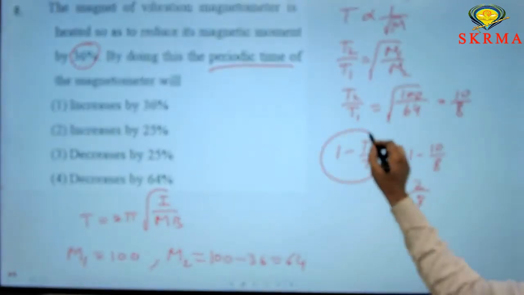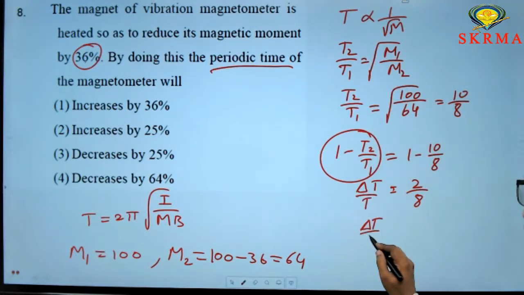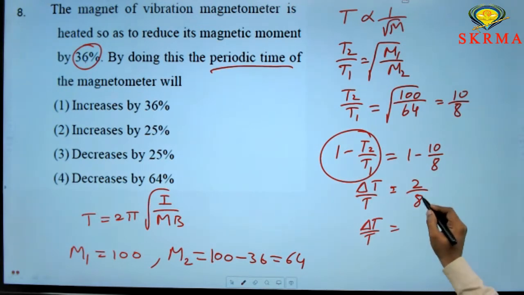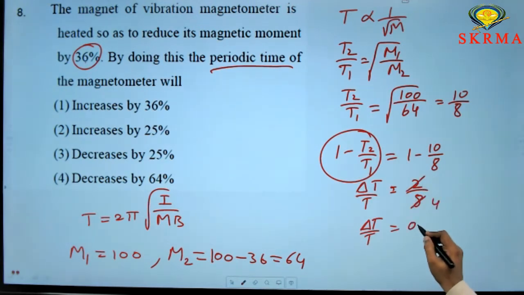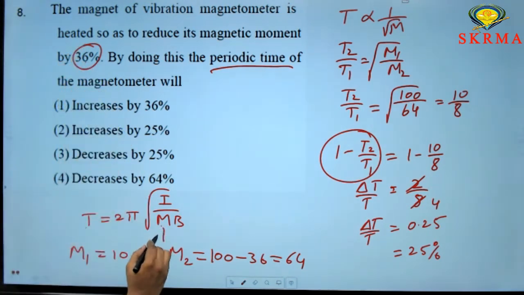So this is the change in time period divided by the initial time period, which is 1 by 4, or 0.25, or 25%. Does it increase or decrease? Time period and magnetic moment are inversely proportional. Here the magnetic moment decreases, which means the time period must increase. So it increases by 25%.